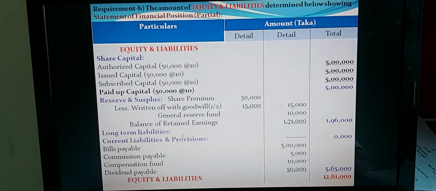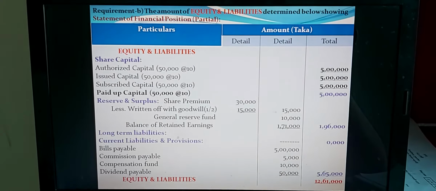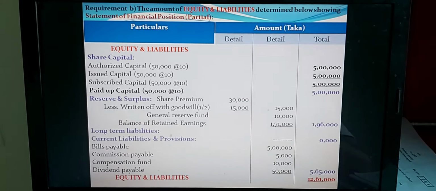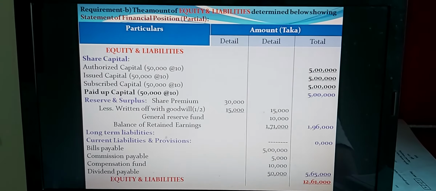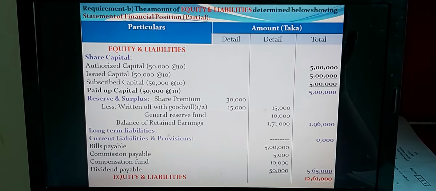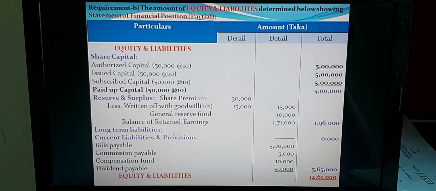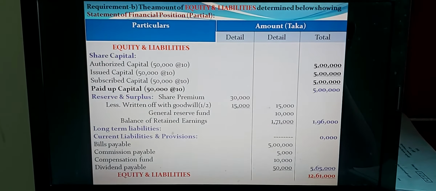Third one, subscribed capital, that is distributed capital, issued and subscribed in maximum time. It is the same amount. So you have to write it. The same amount of issued capital is equivalent to subscribed capital. The last one, subscribed capital, is to be closed under Act 1994 Company Act.